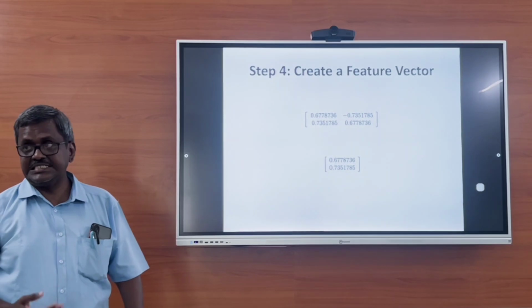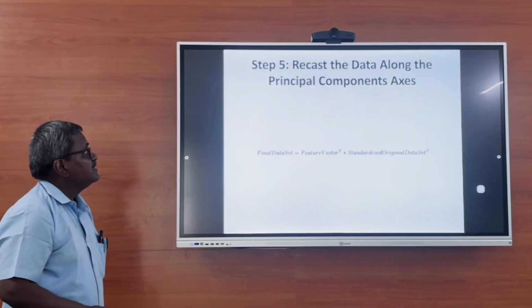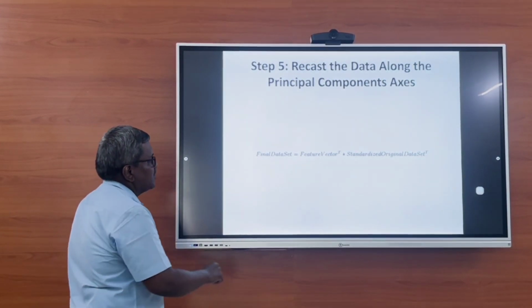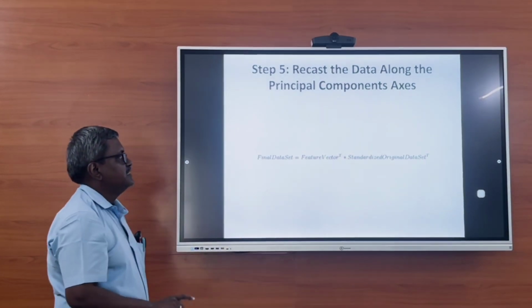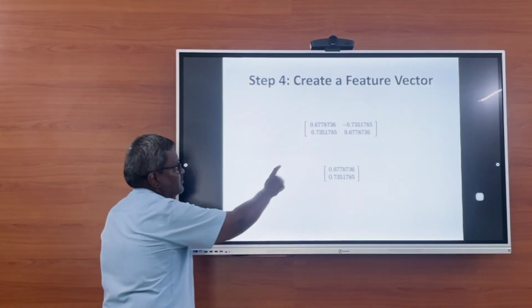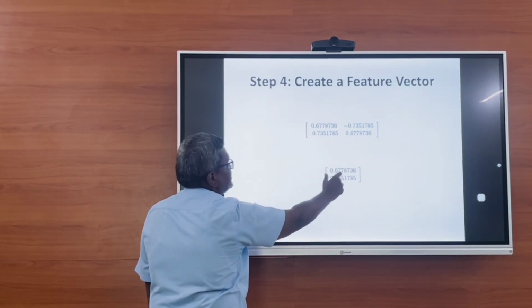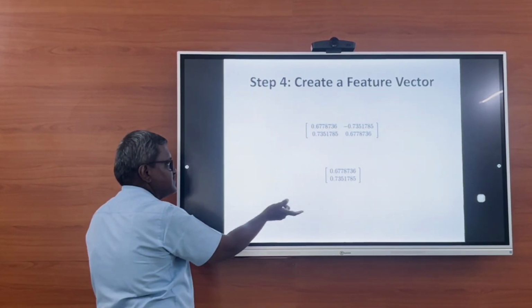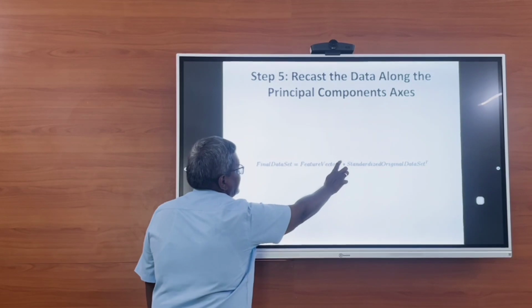So the last step, recasting the data along the principal component axis. From the feature vector, the first row is taken, so that will be the feature vector. Next, this will be the feature vector transpose.